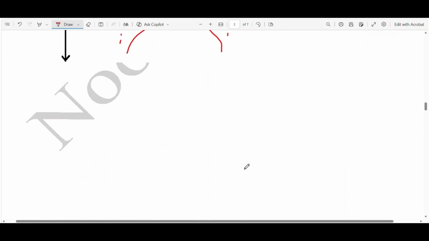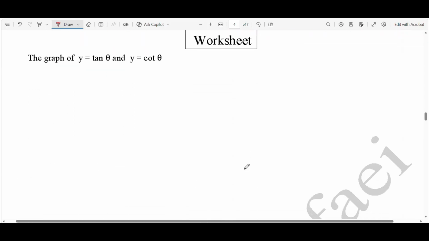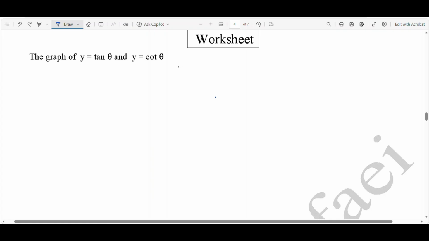The last sketching will be for cot. But in order to sketch cot theta, I'm going to use cos theta over sine theta. I'm not going to use 1 over tan.